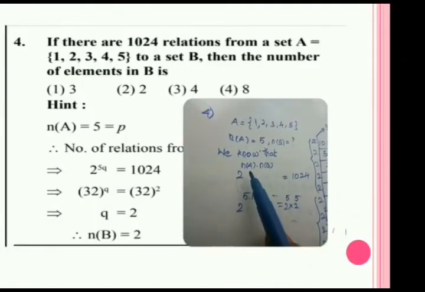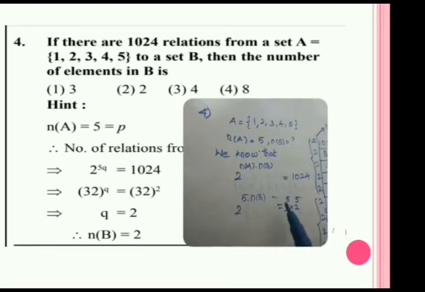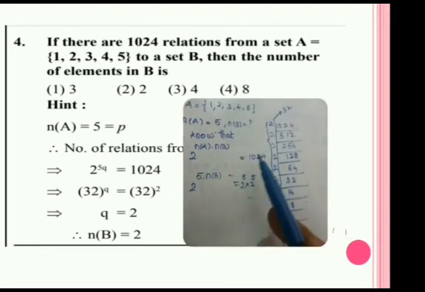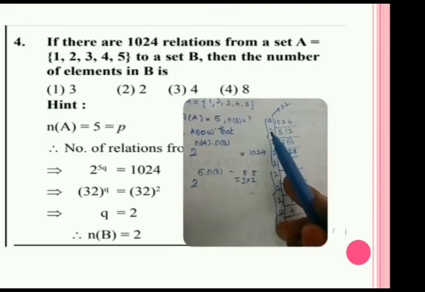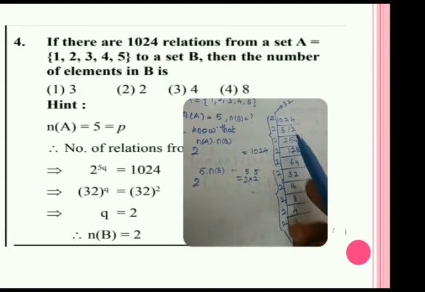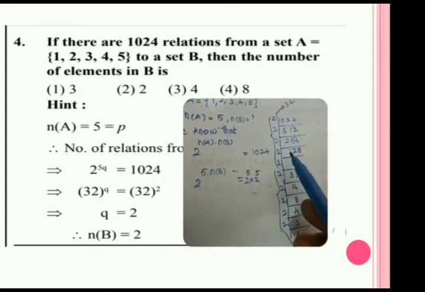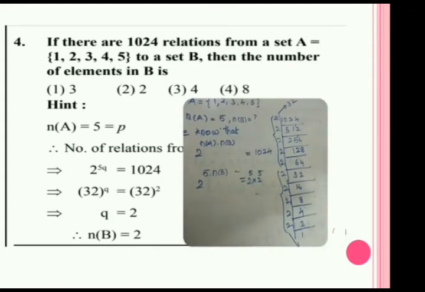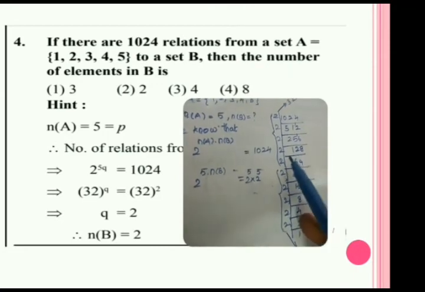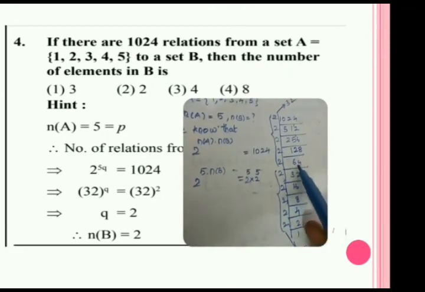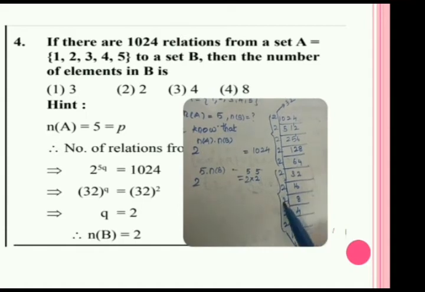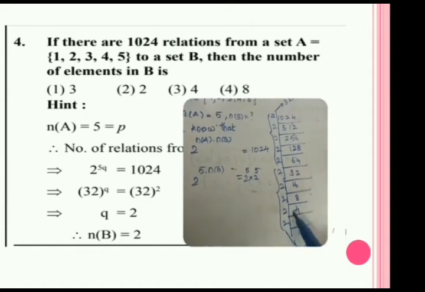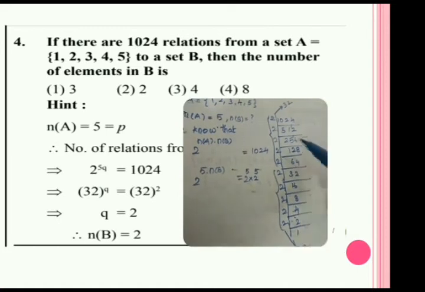Substitute the value of n of A as 5: 2 power 5 into n of B is equal to 1024. Let's prime factorize 1024. 2 5s are 10, 2 2s are 5... 2 table 32 2s are 64, 2 table 16 2s are 32, 8 2s are 16, 4 2s are 8, 2 2s are 4, 2 1 is 2.